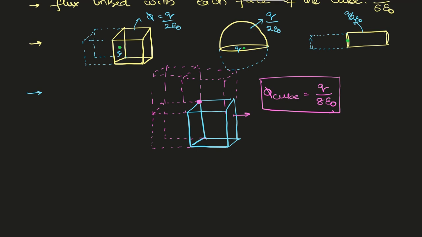because field lines are parallel to the surface, meaning perpendicular to the area.